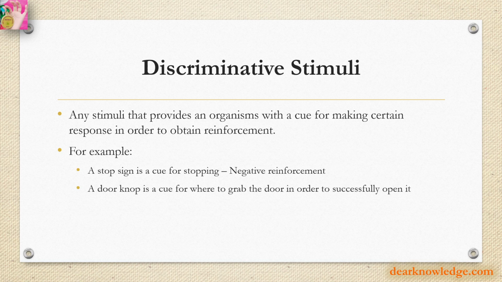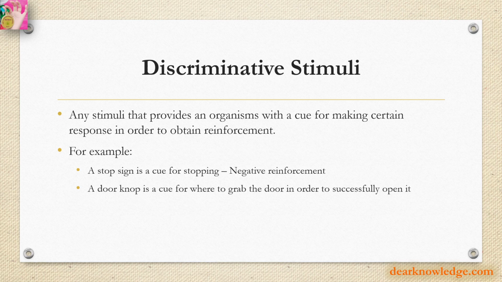Discriminative stimuli, as we have discussed before in our previous lectures, a discriminative stimulus is a stimulus that provides an organism with a cue for making a certain response in order to obtain a reward.